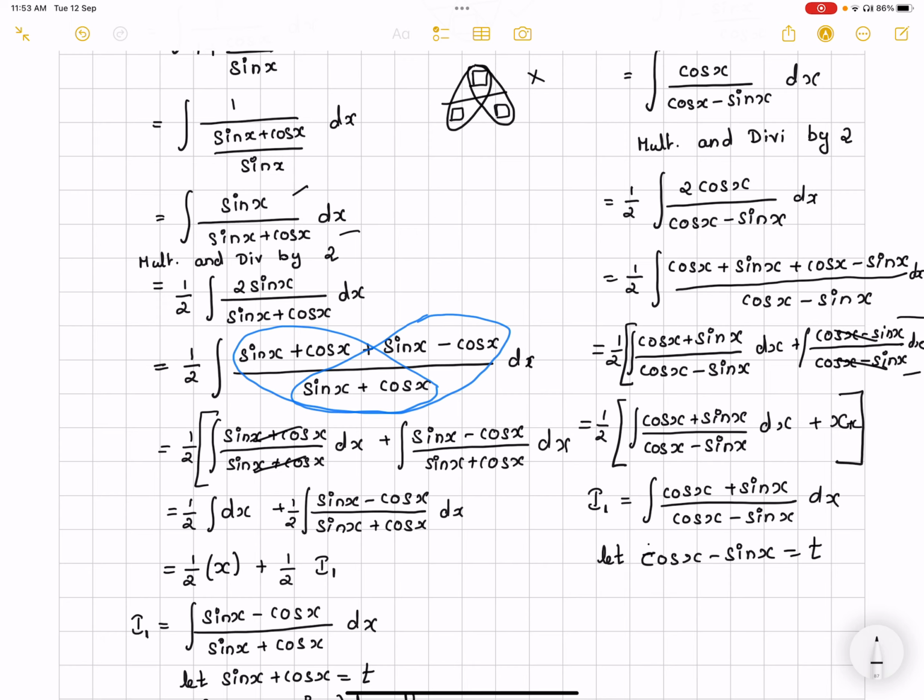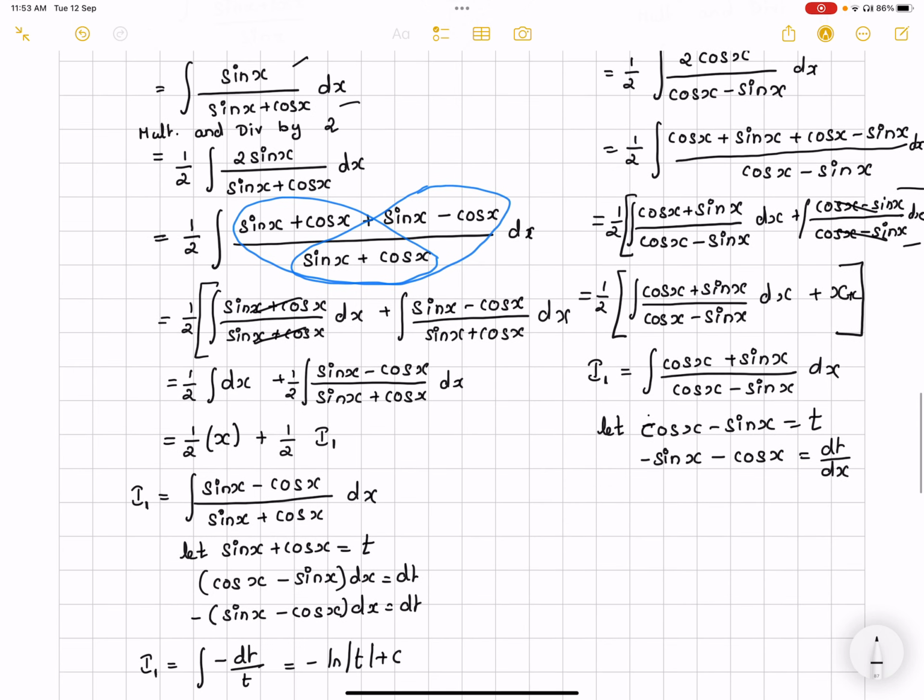When I differentiate cos, I get minus sin x, and then minus cos x when I differentiate sine, which is equal to dt by dx. Then minus, let me take common, because you can observe the numerator and this particular one which we are getting, both would be the same. dx is equal to dt.